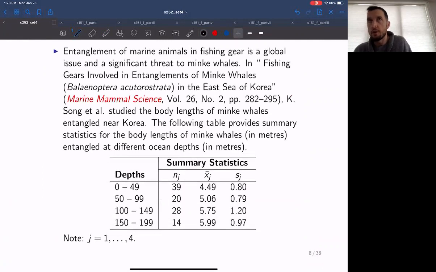Our ANOVA procedure is essentially the general extension of our 2-sample hypothesis tests. In lecture set 3, we learned how to conduct 2-sample hypothesis tests to determine if there was evidence of a statistically significant difference between 2 means.